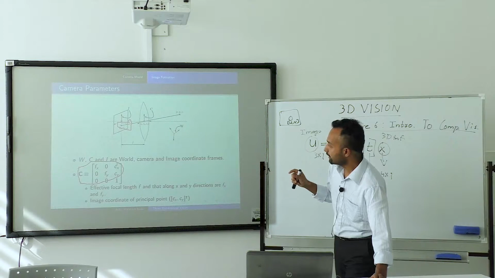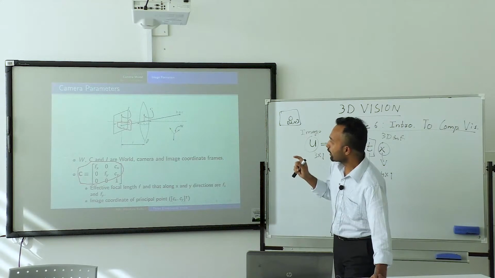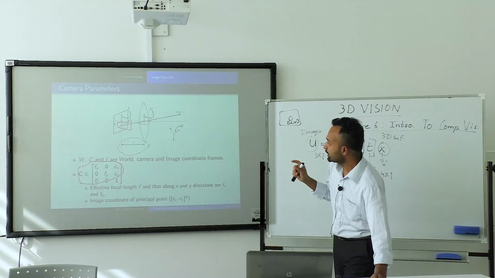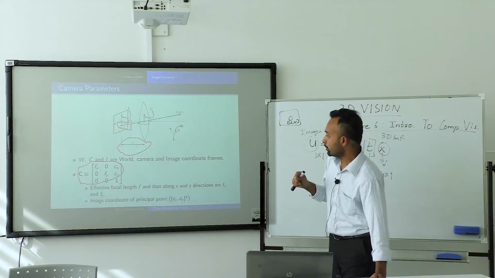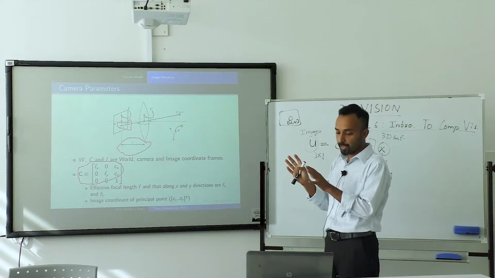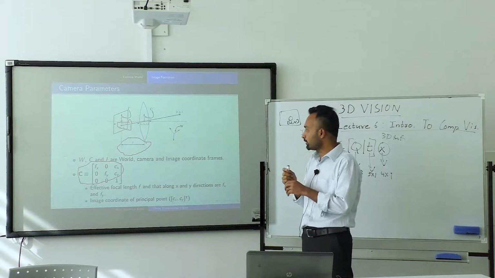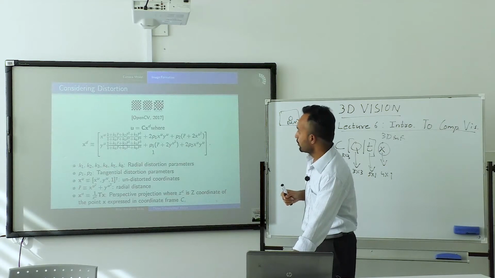So that has two components in the matrix, and the focal length, which influences the size or scaling of the object, appears as Fx and Fy in the matrix. So these two types of parameters contribute to the camera calibration matrix or intrinsic matrix.